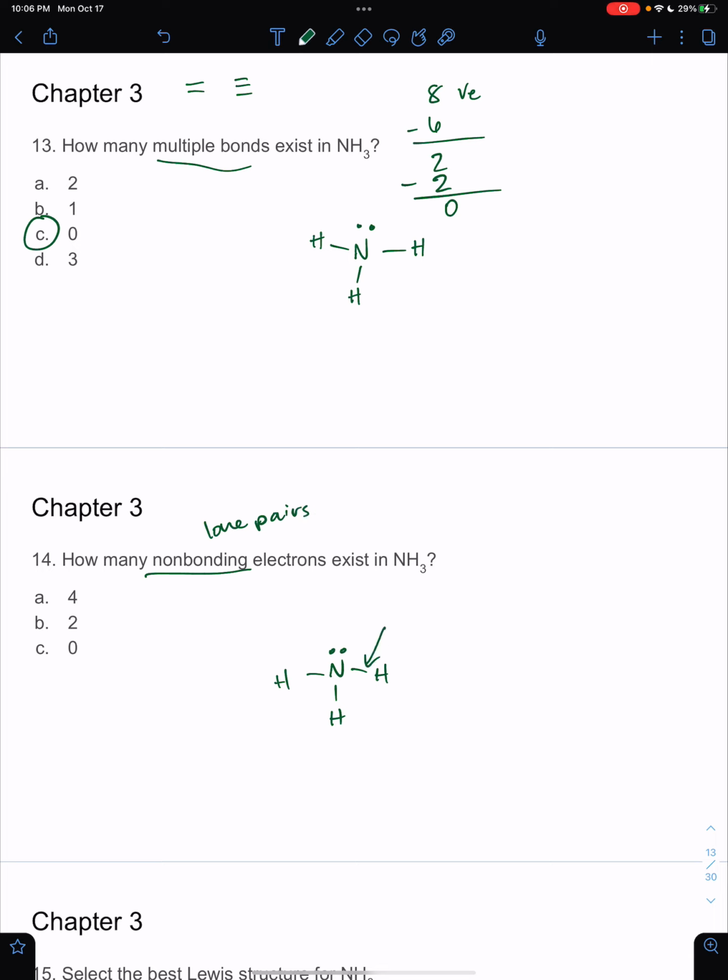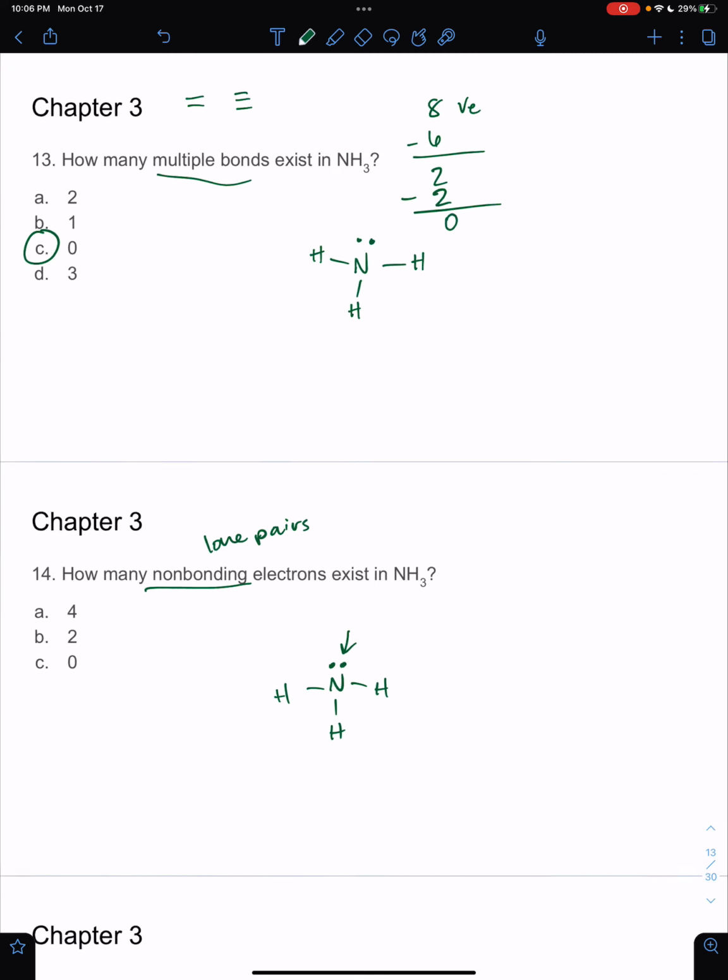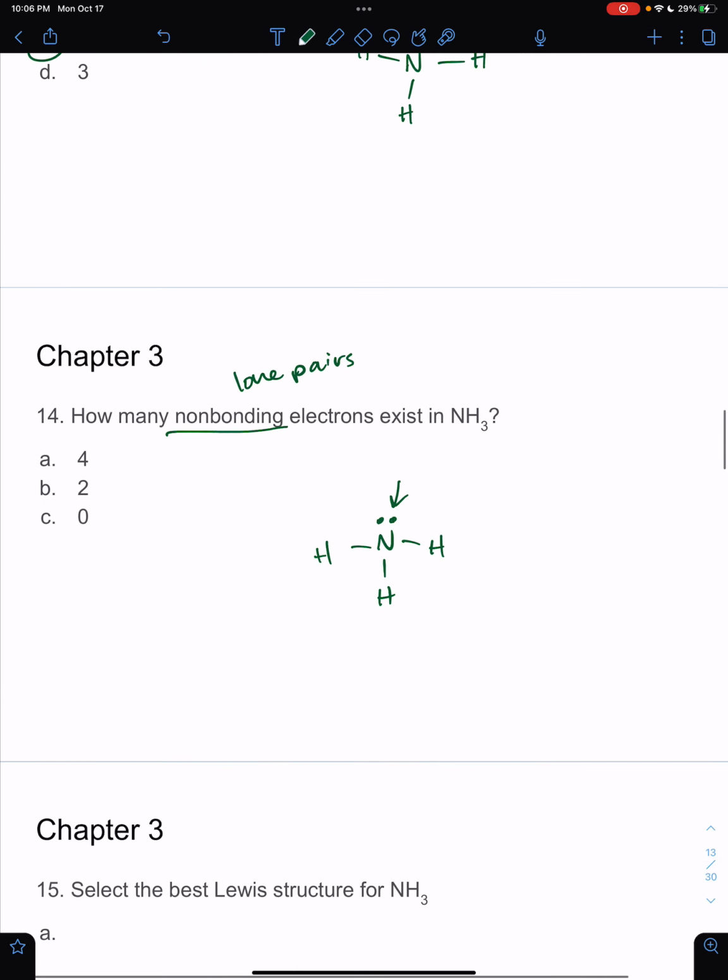These electrons are all bonding electrons because they are within a bond. We're looking for the ones that are not within a bond. So we got 2 here. That's going to be letter B. Just look for the number of lone pairs, count the number of electrons. There's 1, 2.